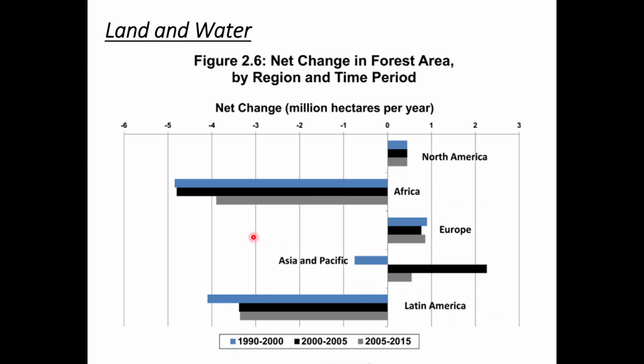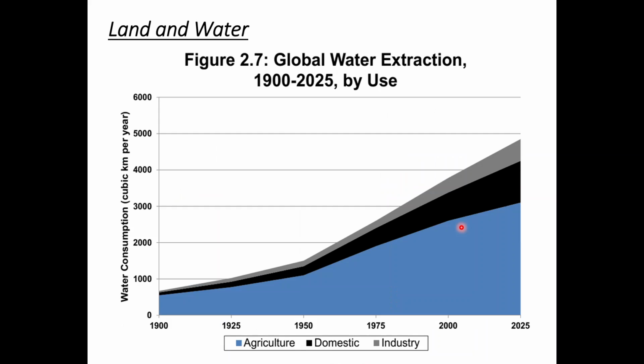However, I think Africa deserves some investigation, because the deforestation over all three periods of time is much larger than in Latin American countries. Some better news in North America, Europe, and even Asia, where there's positive forest growth.